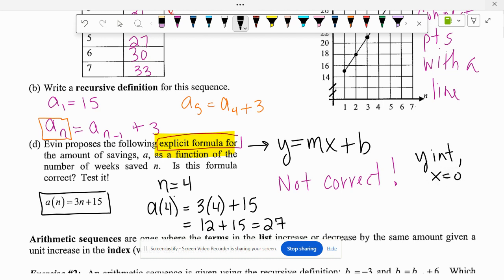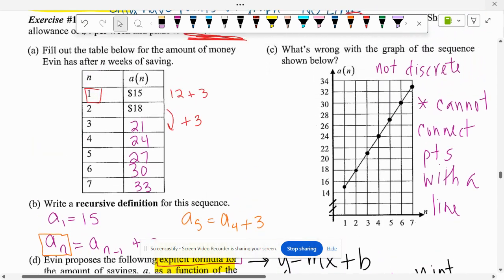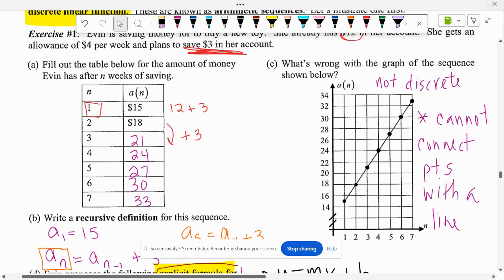Okay, but we don't use 0 for a sequence, do we? We don't let our numbers equal 0. But if I want to write an explicit formula, I have to work backwards to figure out what would happen if we had used a 0. So I'm going to go back to my table. So if I worked backwards on my table, instead of adding 3, if I subtracted 3, what would happen when I let x equal 0?